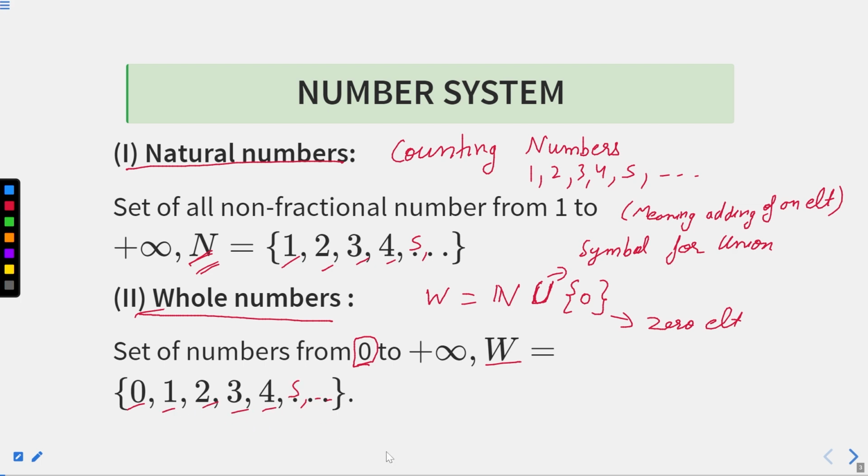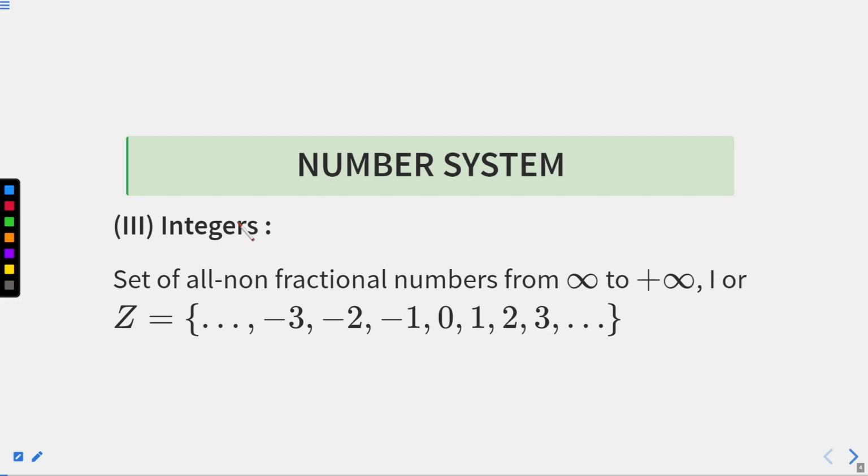Now the third classification, the third type, is integers. Integers consist of the natural numbers, the whole numbers and the negative of natural numbers. Here are the negative natural numbers: -1, -2, -3 and so on till minus infinity, or 0.